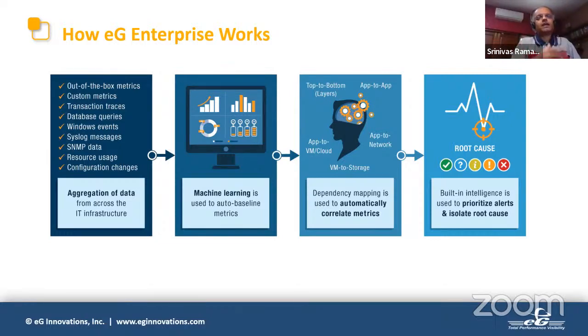Based on that, they come to a conclusion, and then they give you a medicine to say, have this medicine, it will solve the problem for you. EGInnovation is a service monitoring solution that functions like a general physician for your IT environment. Frankie, do you want to add to that?